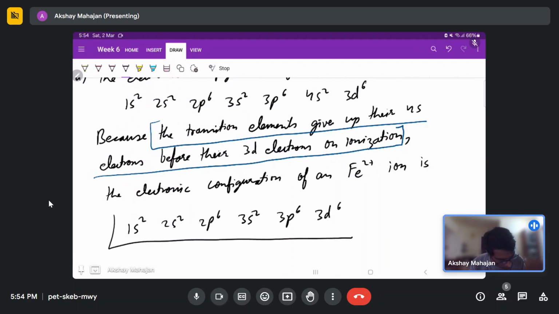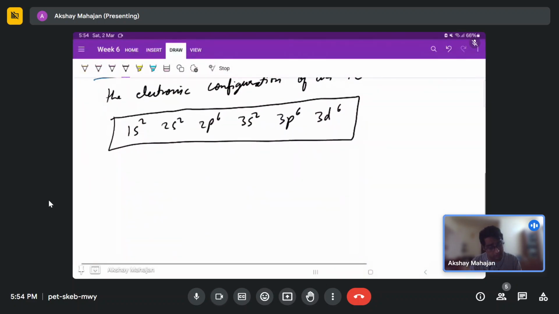Okay, so we have to take out 2 electrons, so we'll take out from the 4s shell. Although while filling, you fill the 4s first and then you move on to filling the d shell, as you might have seen in the periodic table and your 12th standard as well, to write the electronic configuration. But in the transition elements, when you have to take out the electron, it goes from the 4s shell.